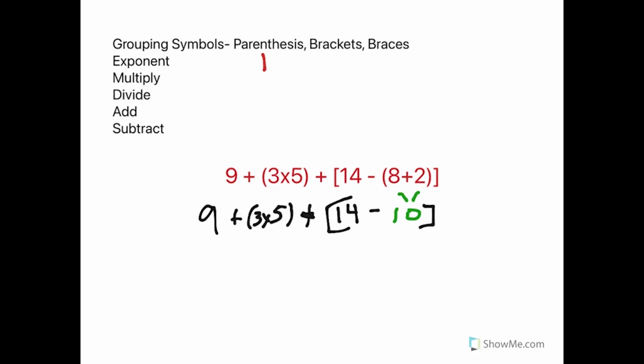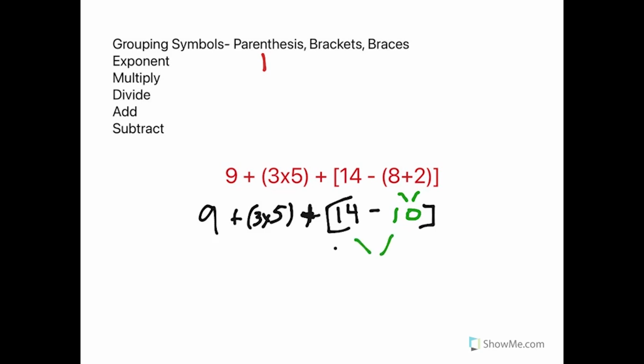Sorry for my messiness here. All right, so now we're going to do our brackets, because even though we have parentheses here, we want to do what's in the brackets next. And actually with this problem, we can do them at the same time.